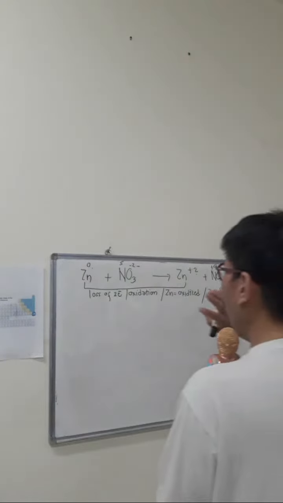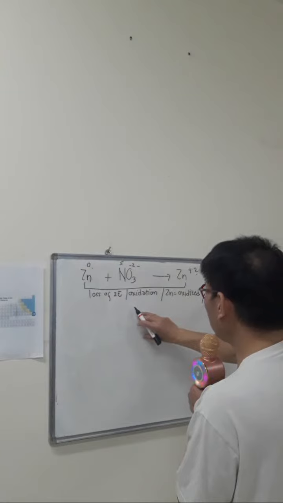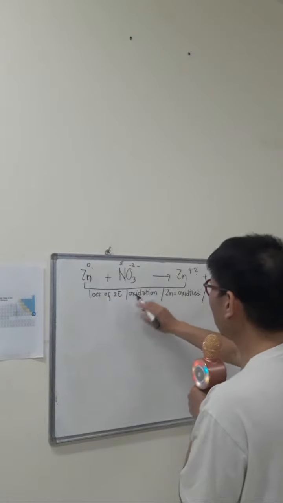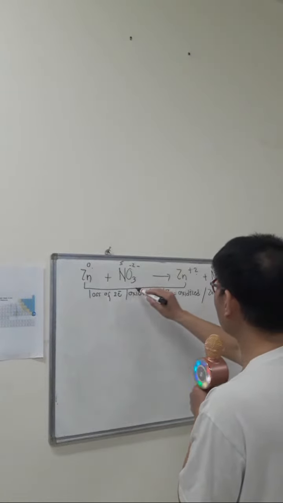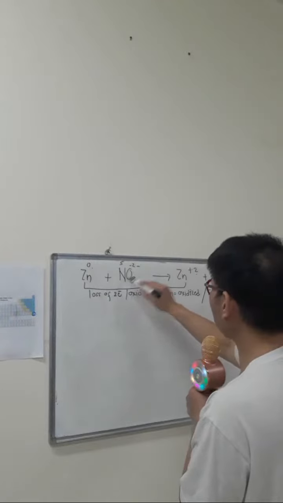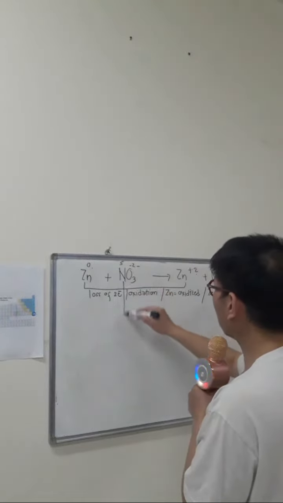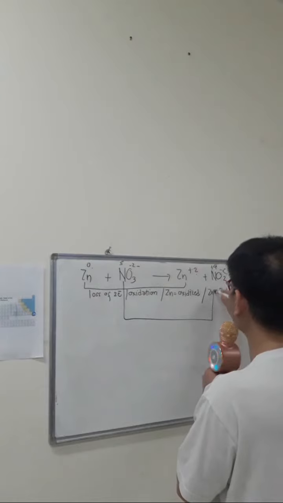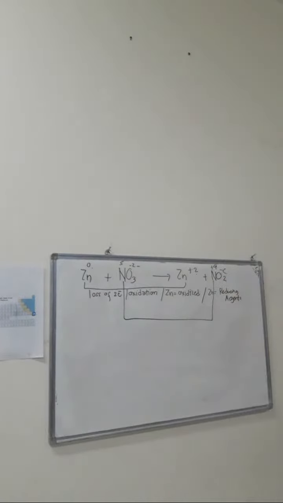Then we have nitrogen decreasing in oxidation number. It's going to be gaining 1 electron. Oxygen doesn't contribute to the redox because its charge doesn't change.